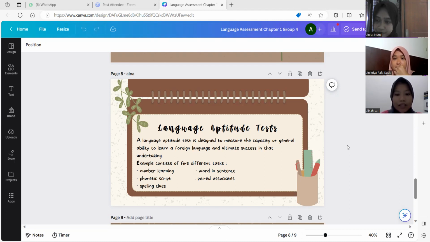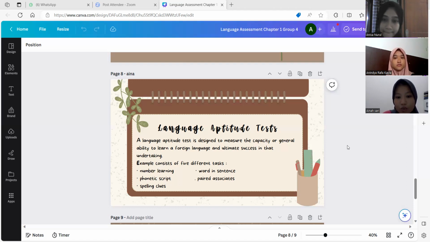And then phonetic script: examinees must learn a set of correspondences between speech sounds and phonetic symbols. And the third is spelling clues. In spelling clues, examinees must read words that are spelled somewhat phonetically and then select from a list the one word whose meaning is closest to the designated word.